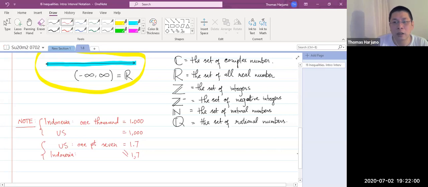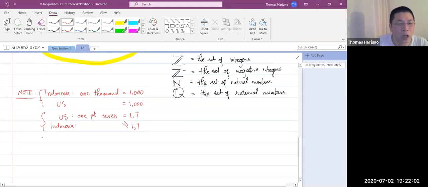Now, another thing is, I also know that in some countries, as I know Mongolia, when they write a coordinate, they use these numbers, let's say 3,2 in America, also in Indonesia.